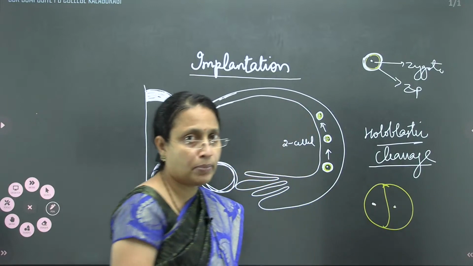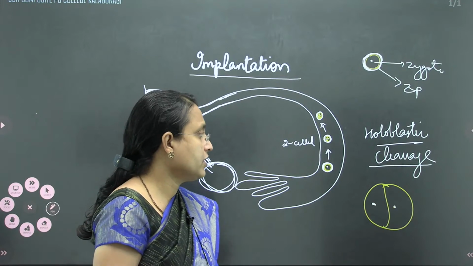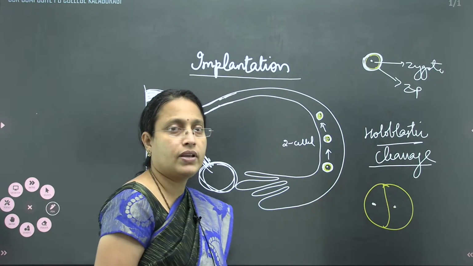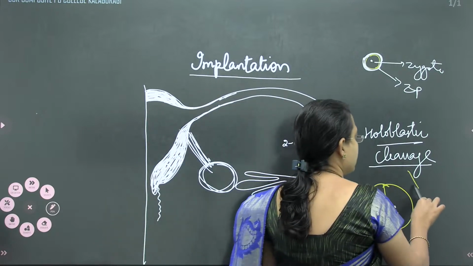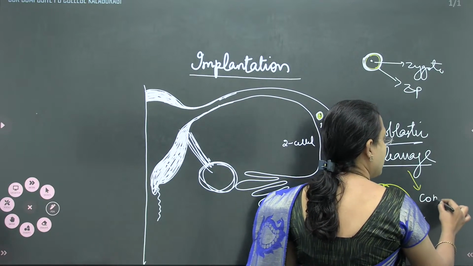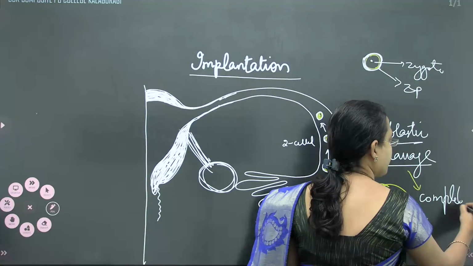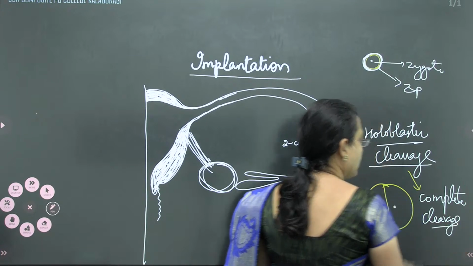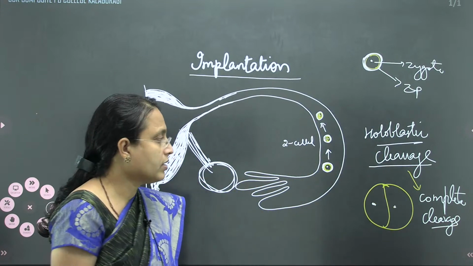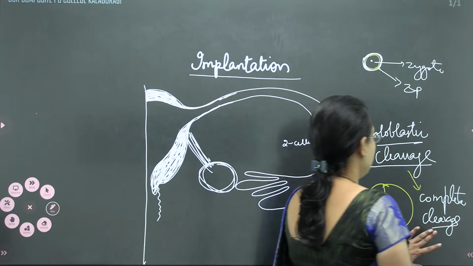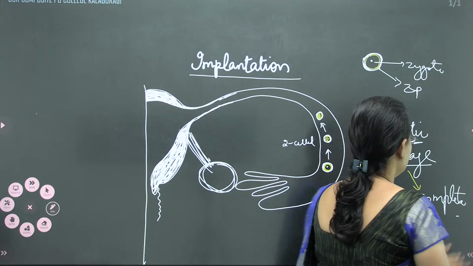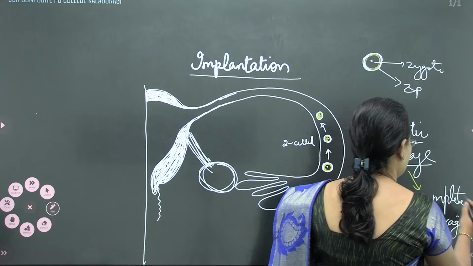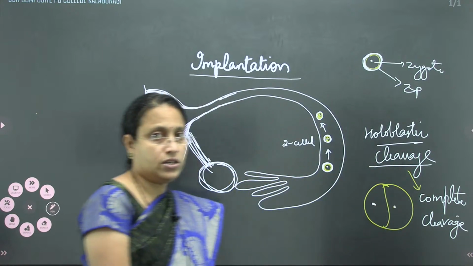When complete division is occurring, that kind of division is called holoblastic cleavage. Cleavage is a special kind of division, so complete cleavage occurs.